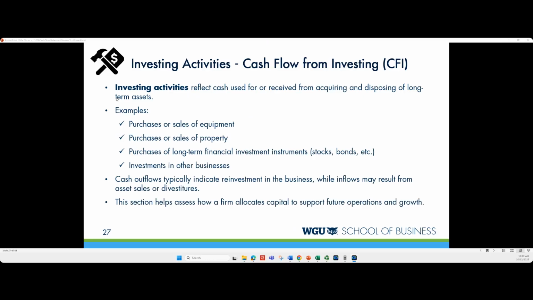So a cash outflow in this section of the cash flow statement typically means a reinvestment in our business. That's what happens when we see cash outflows. Inflows means we've either sold or divested assets. And so this shows us how we've allocated capital to support the firm's future operations and growth.